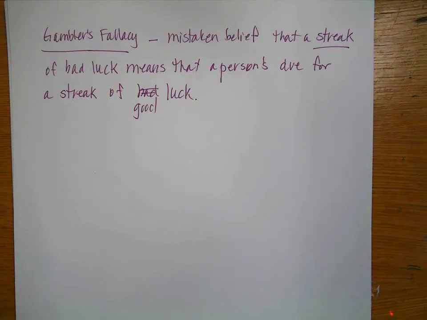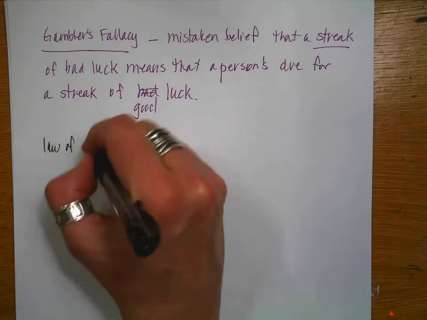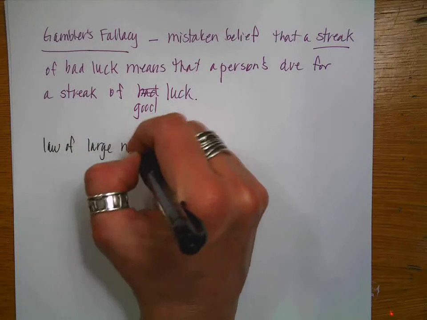All right, so as we talk about this, the next thing that we want to talk about before we actually talk about how this works is the law of large numbers.